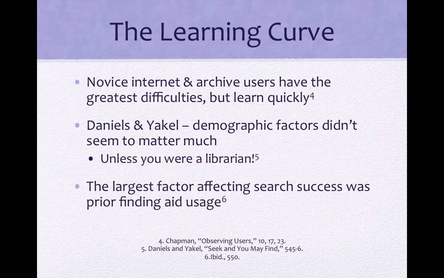They are already familiar with finding aids as a paper document genre, and that static fixity, that kind of document genre is translating onto the screen. And so their expectations are already set by that.